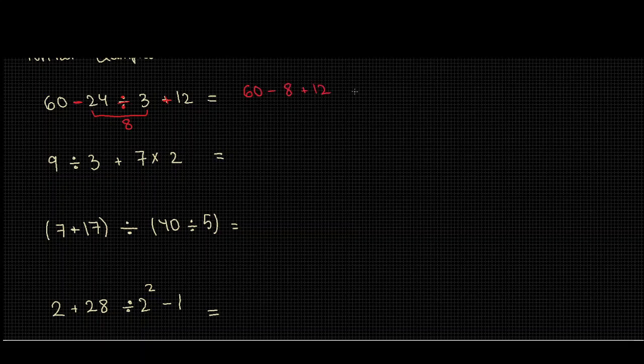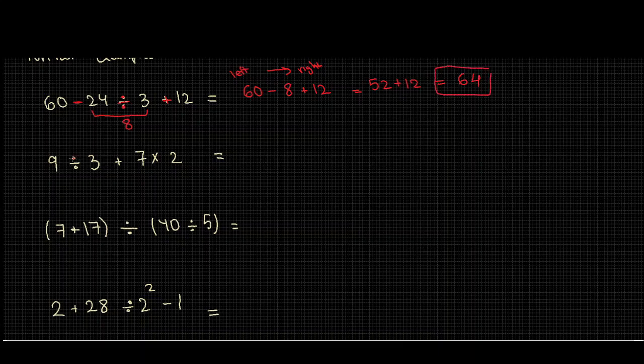Now, since they are of equal importance, I will start from left to right and move my way like that. 60 minus 8 is 52, and then I'm left with plus 12. 52 plus 12, that is normal addition. 2 plus 2 is 4, and then 5 plus 1 is 6. So the answer to this equation is 64.